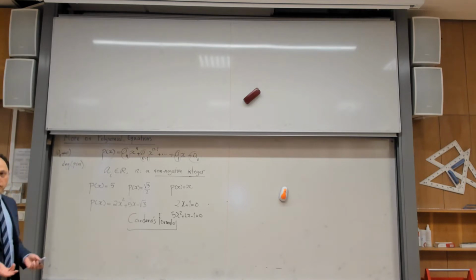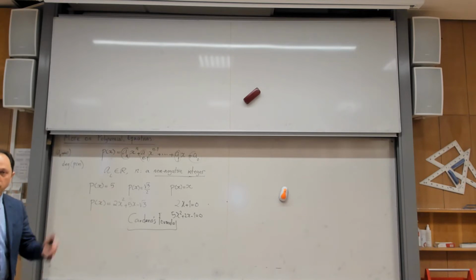But for the fourth degree, we also have a formula which is also complicated. But the Norwegian mathematician Abel actually showed that there is no closed formula for polynomial equations of degree 5 onwards. Yes, it doesn't mean that we cannot solve any kind of fifth degree polynomial equation. Yes, we can.